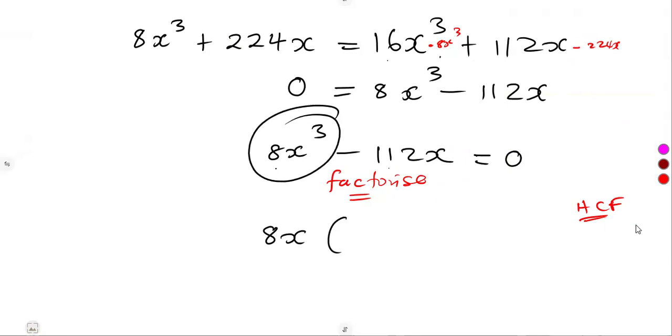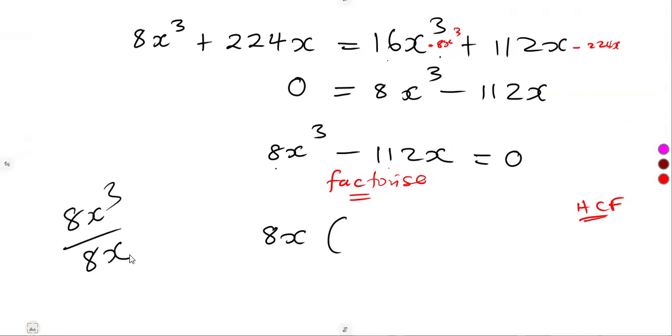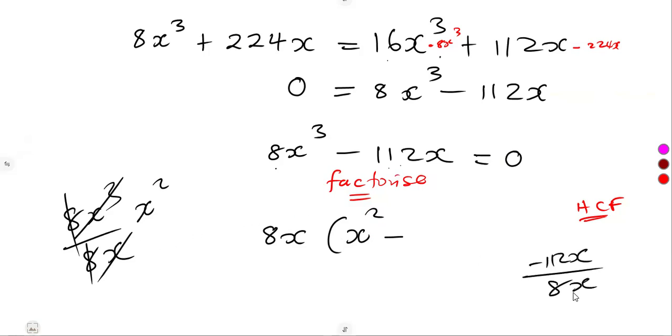8x to the exponent of 3 divided by 8x. This was going to cancel this into this. That is going to remain with x squared, minus 112 divided by 8x. The highest common factor, x and x was going to cancel. Then minus 112 divided by 8 is minus 14.